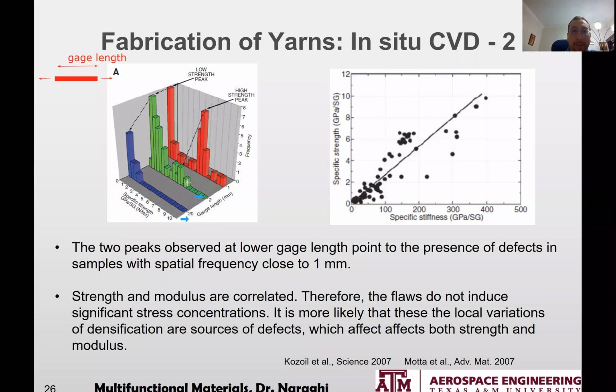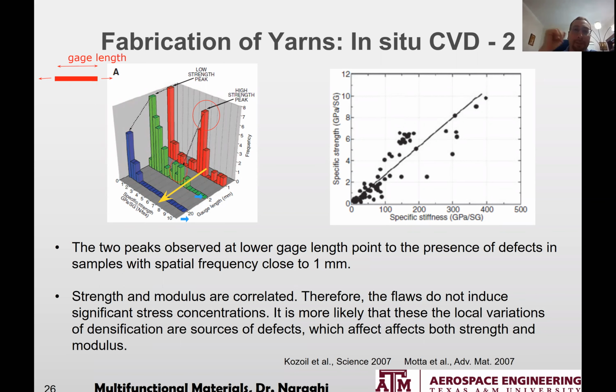A second peak appears here. And when they go to 1 millimeter, the same peak becomes much, much stronger. Look at how strong this higher peak is. It corresponds to about 7 GPa per specific gravity.